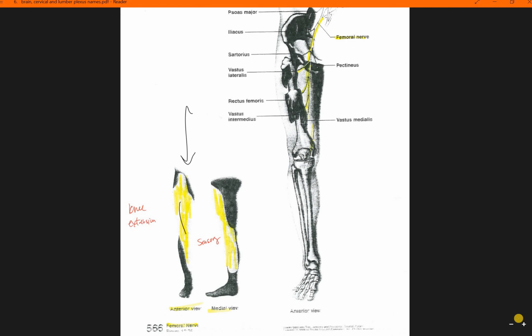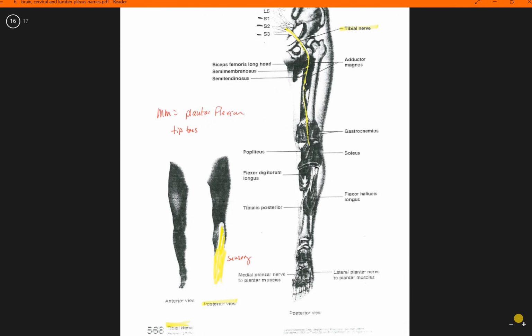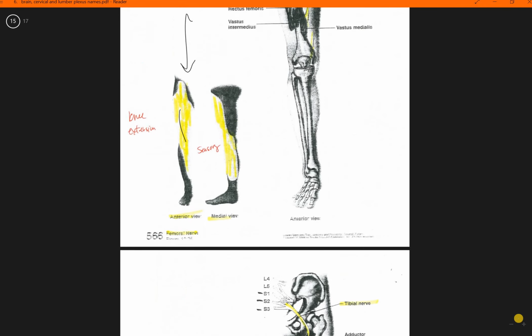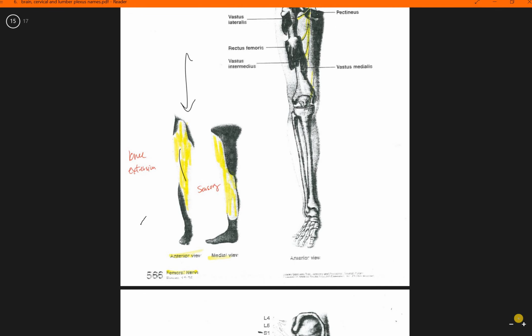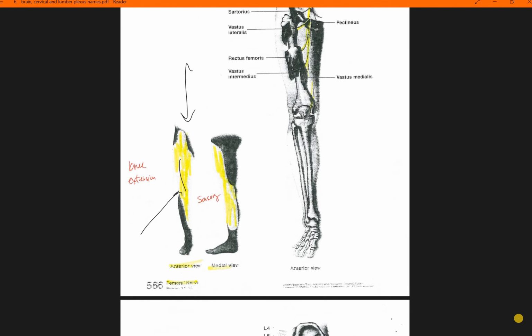So sensory, pinwheel does this, feel the same as this, and Q-tip does this, feel the same as this, as you're doing right side, left side. Okay, on this one you can also strike the patellar tendon to elicit a reflex, which will be assessing the L4, L5 nerve root.